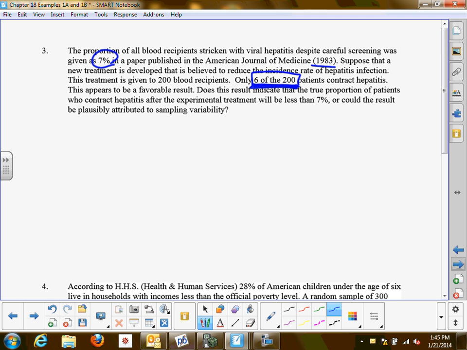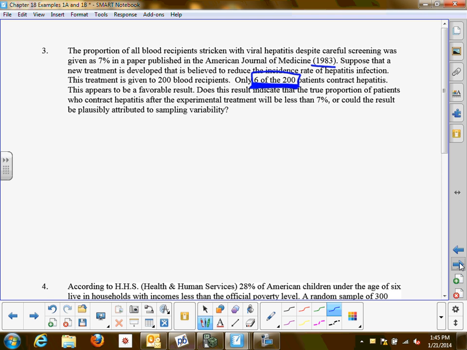It's very unlikely that this would happen if 7% was still the case. So if I end up with a really low number, then I'm thinking this 7% infection rate is no longer true. I think now it's actually lower. That's where we're headed with this. That is what medical researchers do. Let's figure it out.